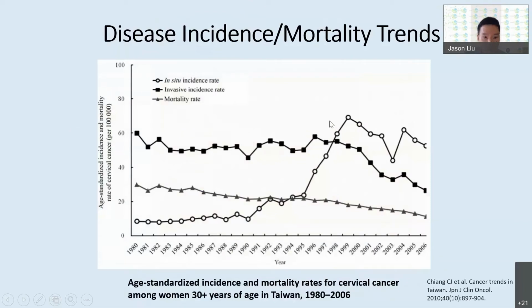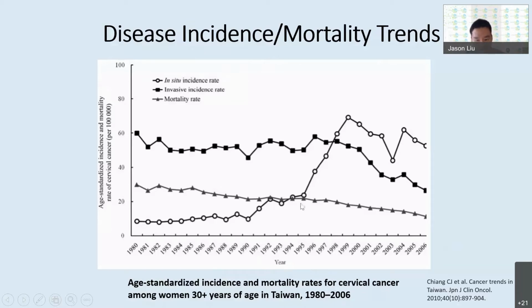We can also have disease incidence and mortality trends plotted together. Here we have the age standardized incidence and mortality rates for cervical cancer among women 30 years of age or higher in Taiwan from 1980 to 2006. On the y-axis, we have the age standardized incidence and mortality rates of cervical cancer per 100,000 people, and then we have the year from 1980 to 2006.